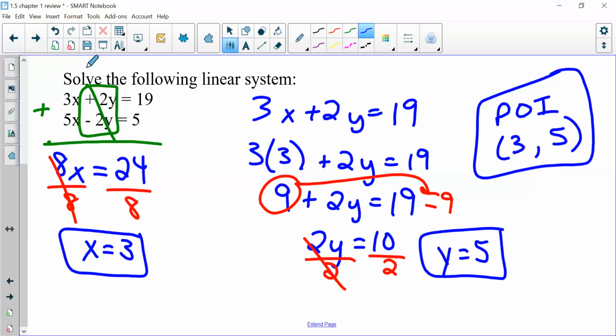So let's say Patrick picked the bottom one, because you're like 19 is bigger than 5, so you need the bottom one. It's going to be 5 times 3 minus 2y equals 5. So 5 times 3 is 15. Then you subtract, which gives negative 2y equals negative 10.